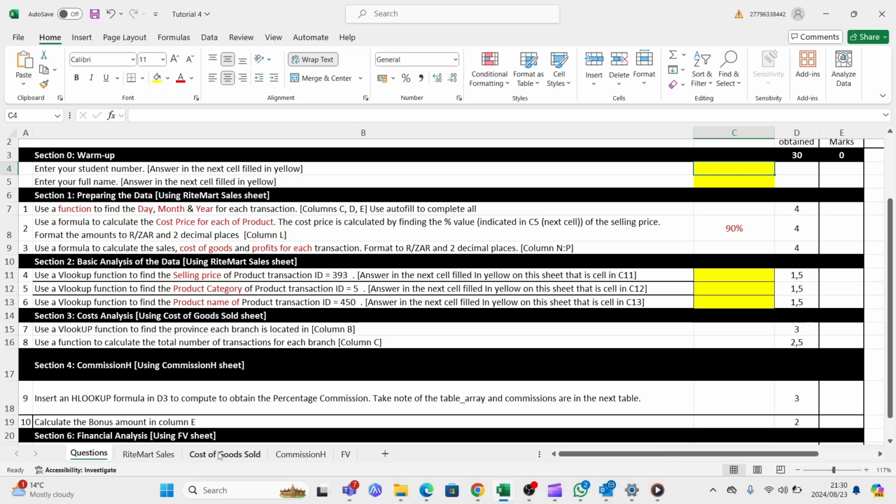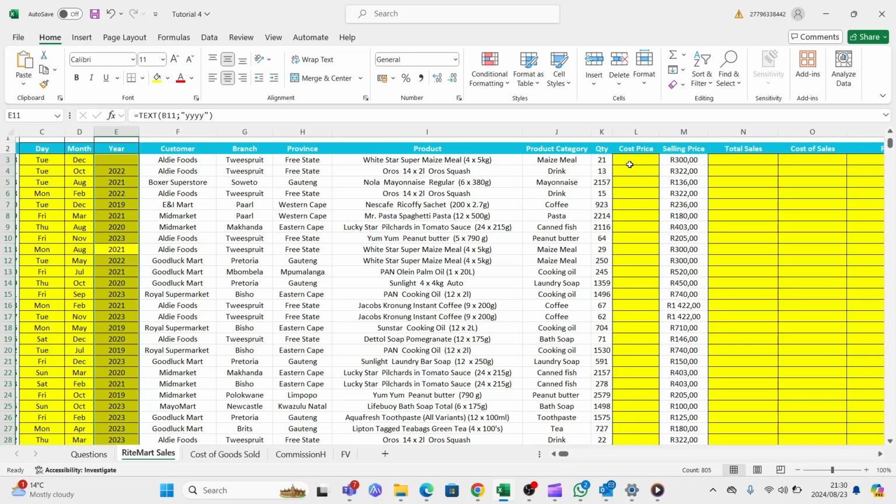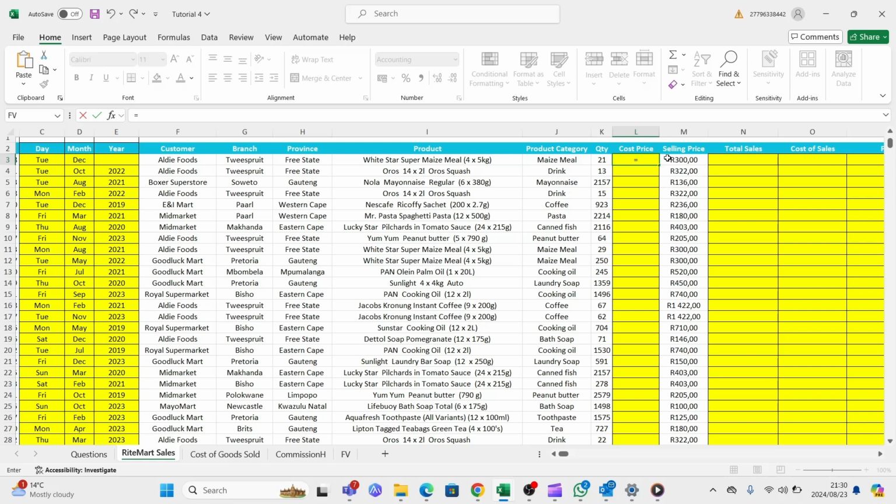So now you're gonna go to our sheet, which is this one here. So remember the cost price which is the 90% of the selling price. So now you're gonna say equal sign selling price times 90%, which is cost price, which is the 90% of the selling price, and you're gonna press enter.